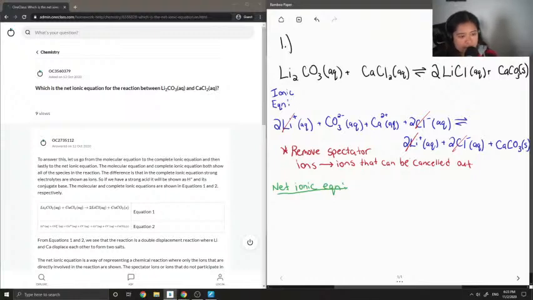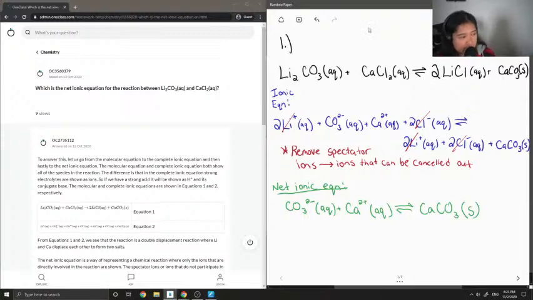After we remove the spectator ions, all we are left with is a carbonate and a calcium, and then we also have our precipitate, calcium carbonate. Okay, so this is our final answer.